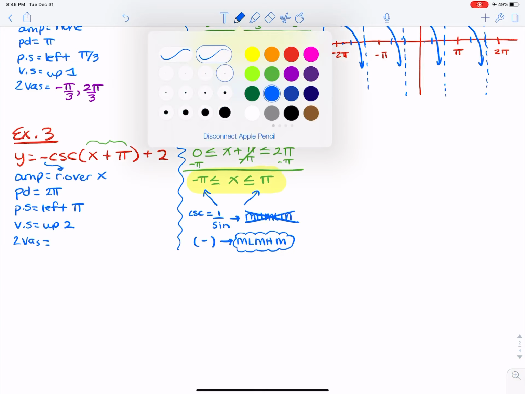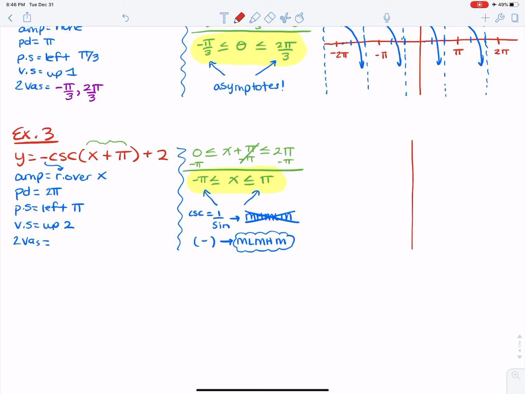All right, let's graph it. Boom, doing my little T-chart. Okay, we want pi, 2 pi, negative pi. Y'all know the routine by now. All right, and now we don't need an amplitude, but we do need to account for this vertical shift of being up 2. So I'm gonna go 1, 2, and go up a little bit. 3. 1, 2, 3. All right, here we go.